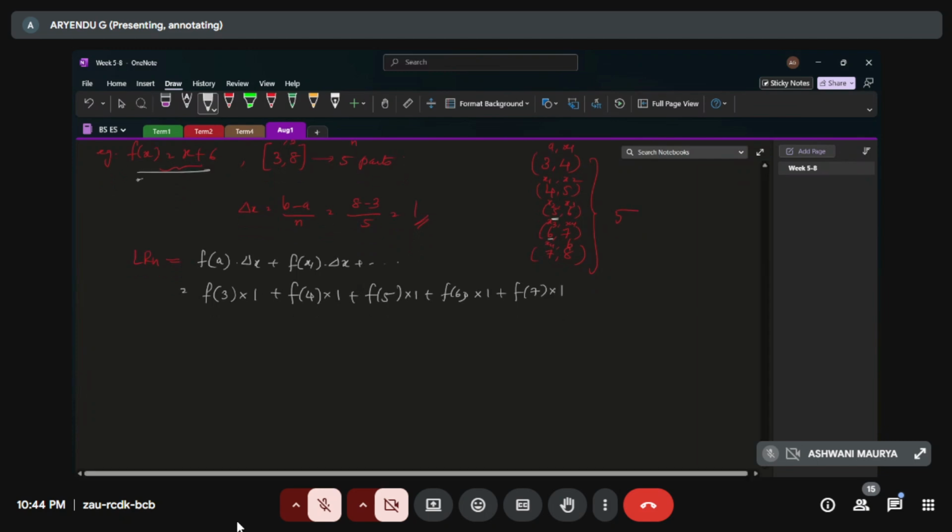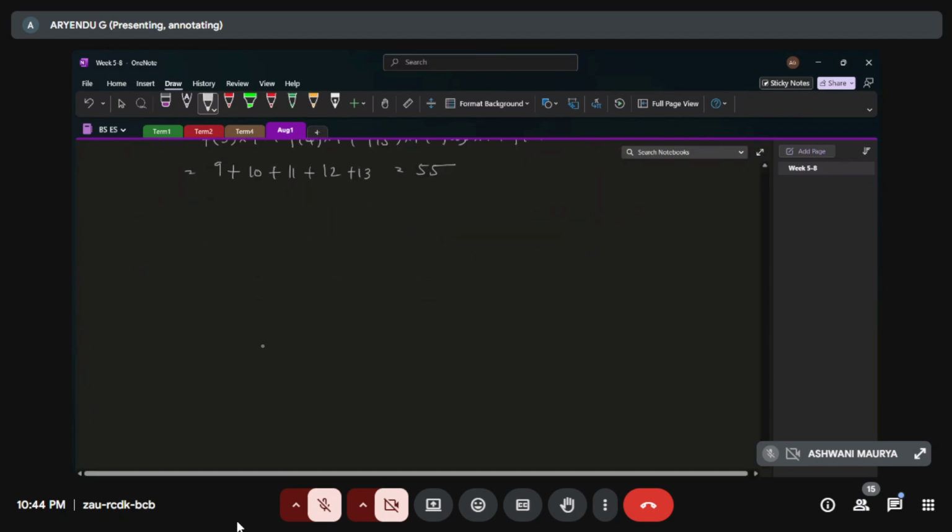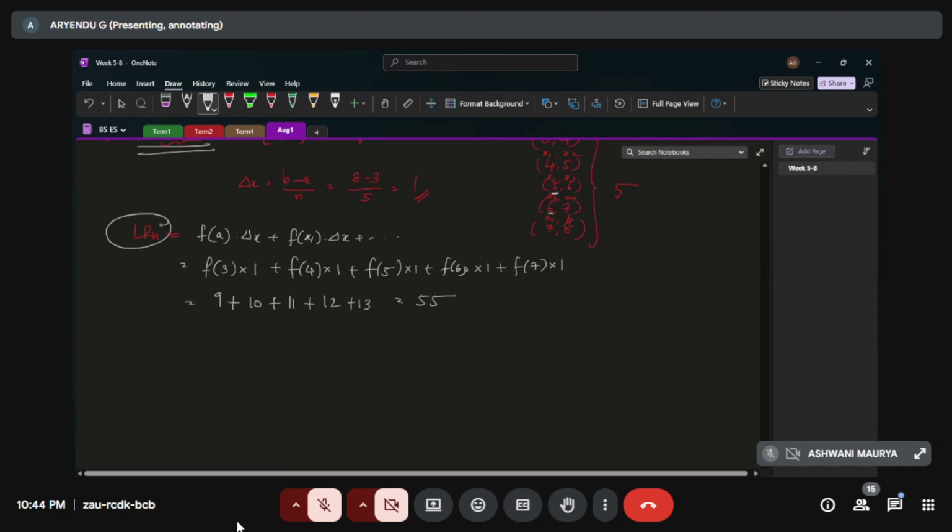And you have to find the value as per the function. So this is x plus 6. So f of 3 will be 9, 4 plus 6 will be 10, 5 plus 6, 11, 6 plus 6, 12, 7 plus 6, 13. If we add that, we will get 55. And that is how we calculate the left Riemann sum.